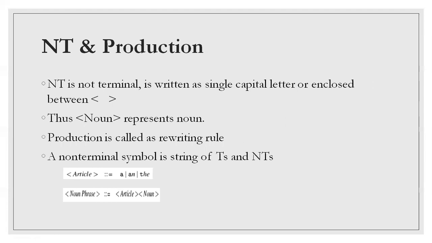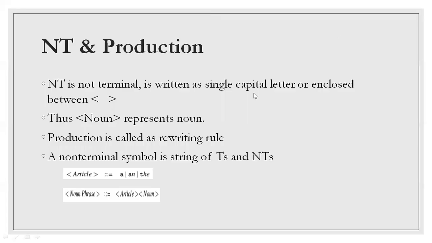Rewriting rule means we can reach a particular grammar production by rewriting the rule, as we will see in the example. A production is a string of terminals and non-terminals. T stands for terminals and NT stands for non-terminals. Here, article is a non-terminal symbol with A and the, and noun phrase is equal to article and noun.